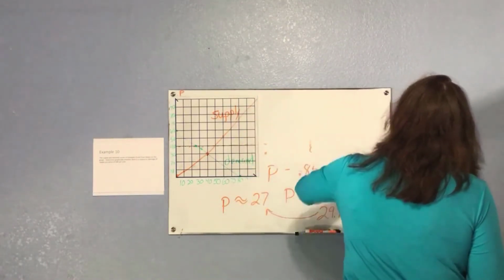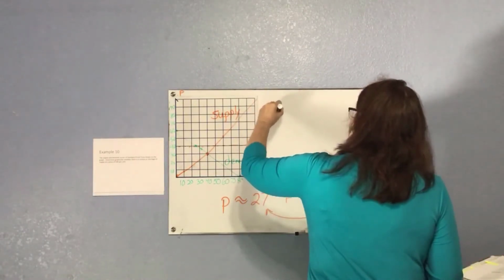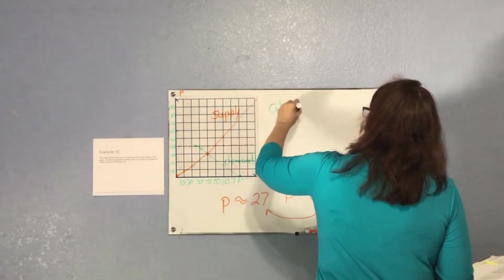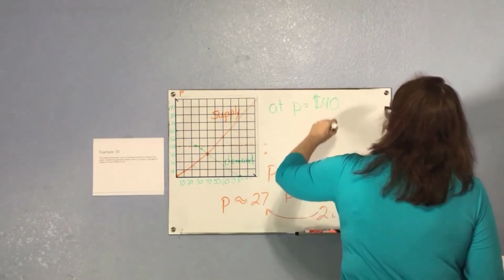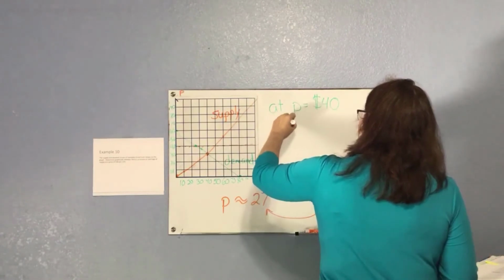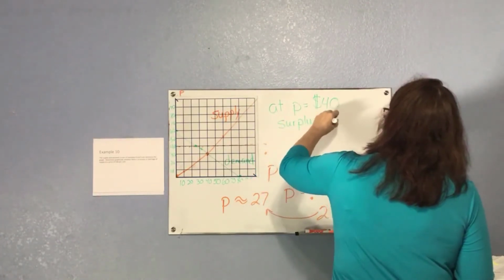So we could say at P equals $40, there is a surplus of supply.